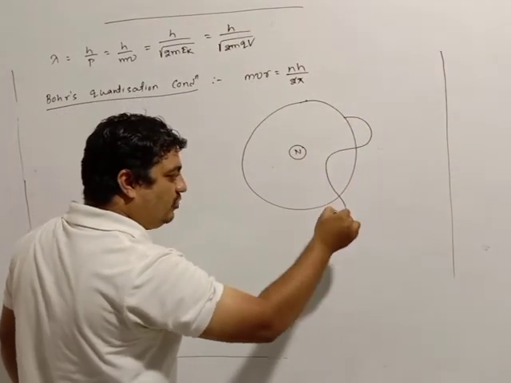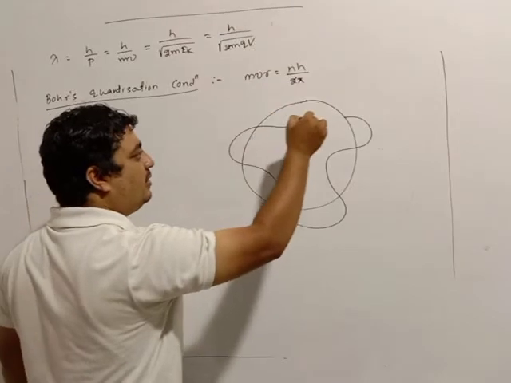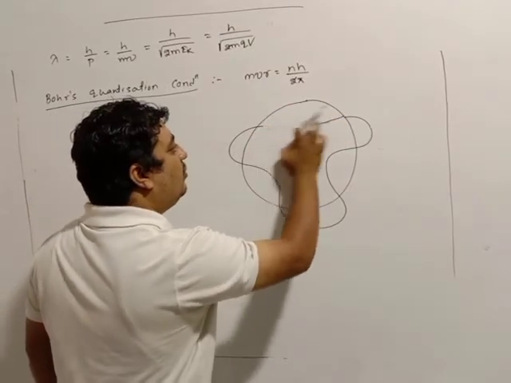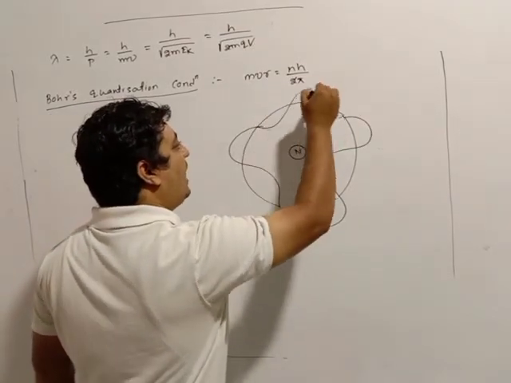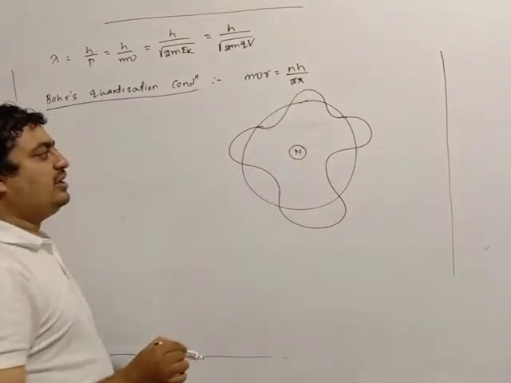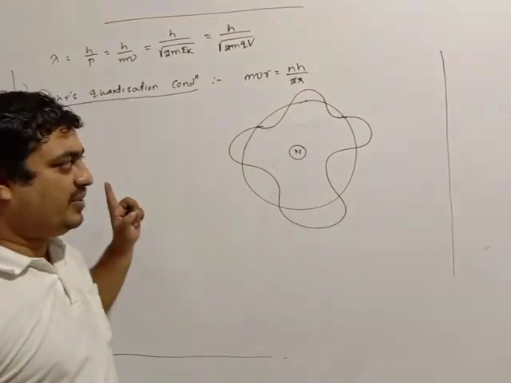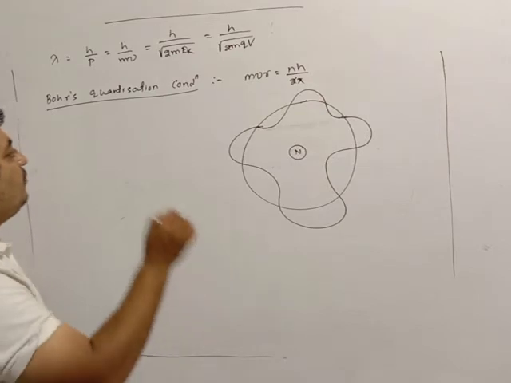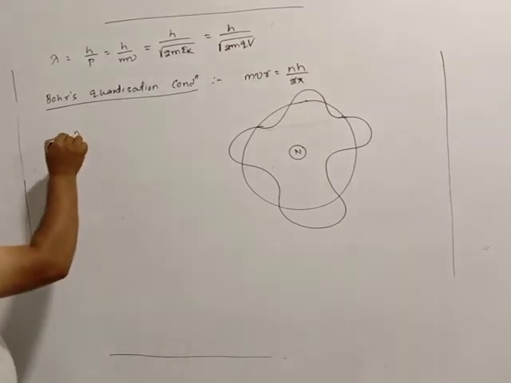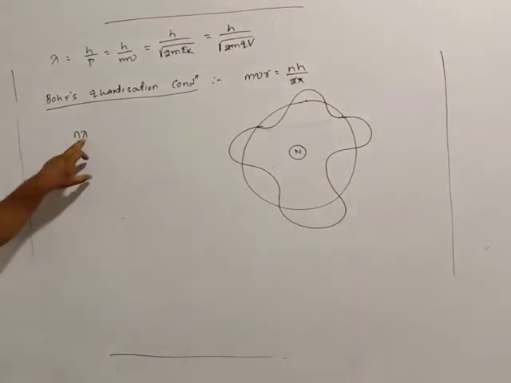So, according to de Broglie's theory, the de Broglie wave associated with electron is confined to this orbit. Now, for nth orbit, the wavelength is lambda.